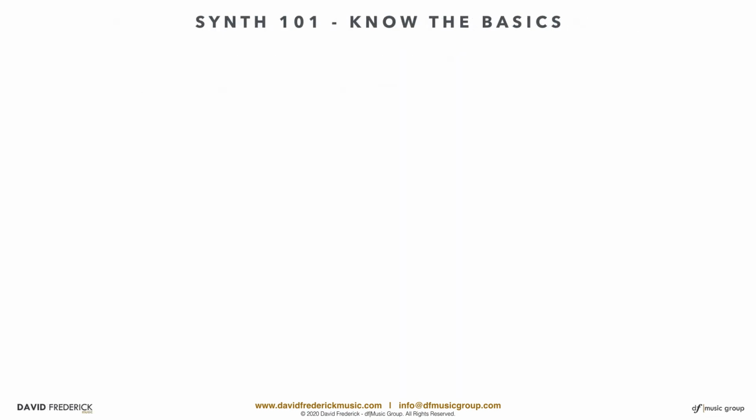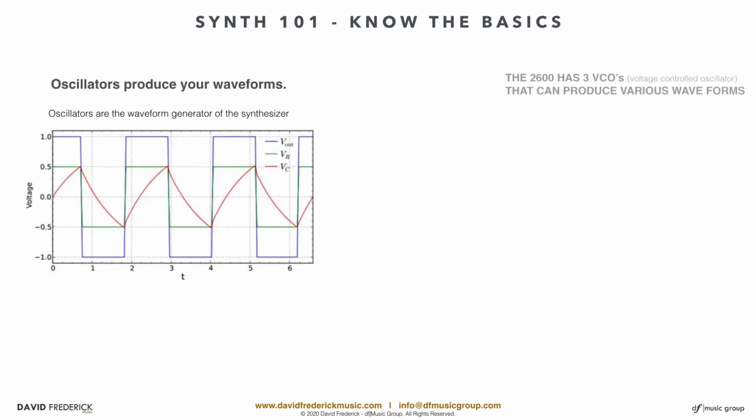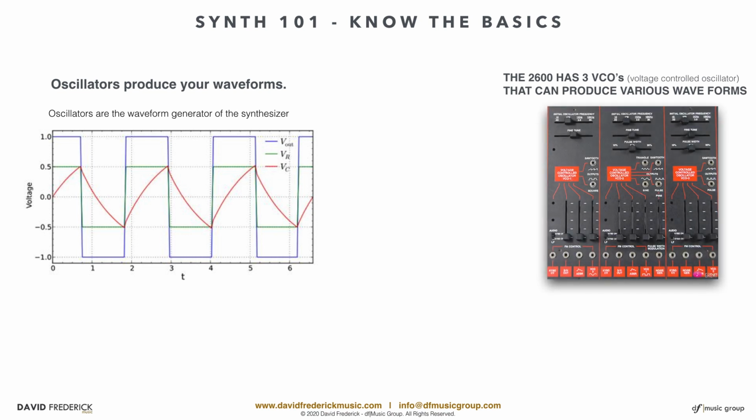So one of the most important things in a synthesizer, in my opinion, is the oscillators and the filters. Those are what make the sonic characteristic of the instrument. It's what makes an ARP sound like an ARP, and why a Moog sounds like a Moog, and why an Oberheim sounds like an Oberheim, right? It's the oscillators and the filters.